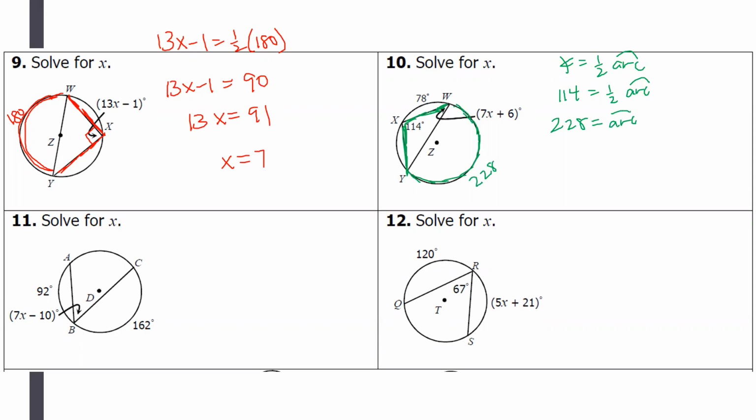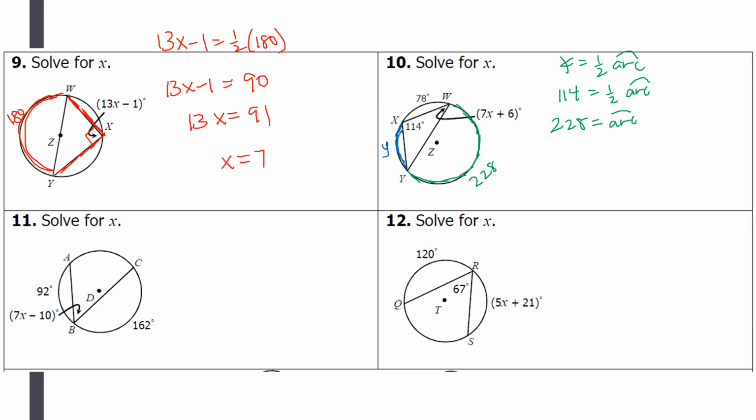That's going to come in handy because now I can figure out the measure of the arc that's missing. You can find out the measure of arc XY. Because that 78, that blue arc, whatever it is, let's call it y. X was already used.